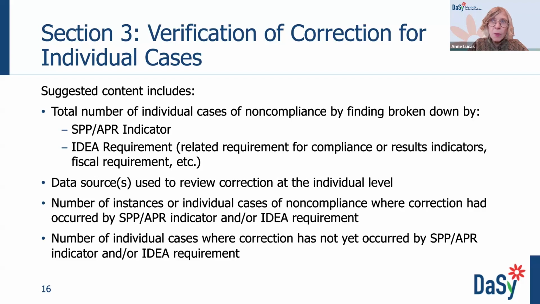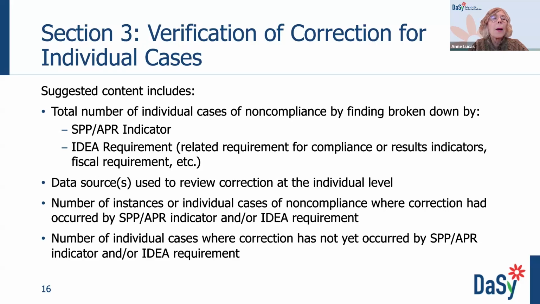Similar to what we talked about for the systemic level correction, what we are suggesting is that you also report the total number of individual cases of noncompliance by finding, broken down by the SPP/APR indicator and those IDEA related requirements that are associated with the indicator, or if you're reporting optional data, then by the results indicator, their related requirements, fiscal, or whatever.